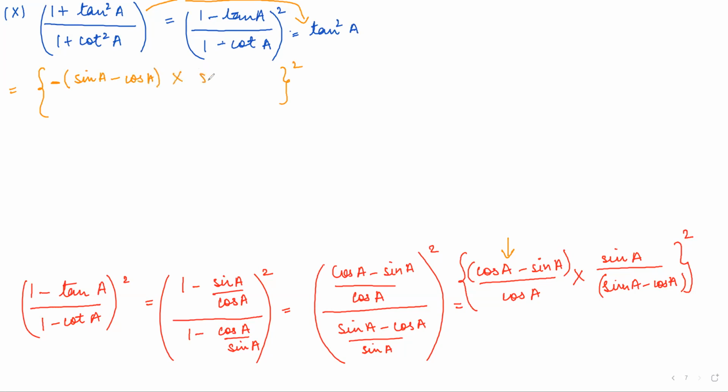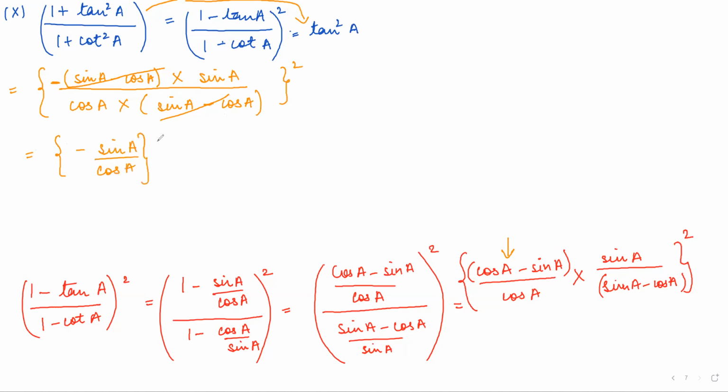And then into sine of a you are having, and then divided by cos of a, and then into this bracket sine of a minus cos of a. Now you see this whole bracket actually cancels out, right? Okay. So you are left with minus sine of a divided by cos of a whole square.